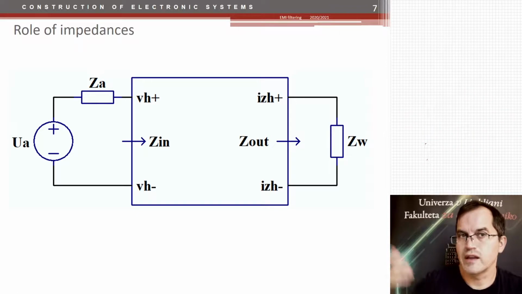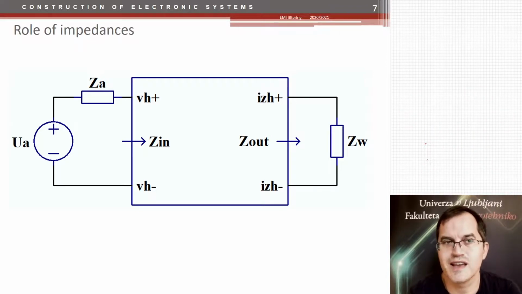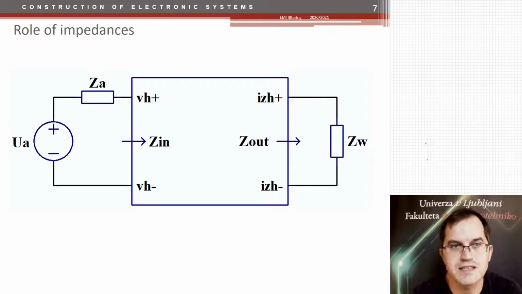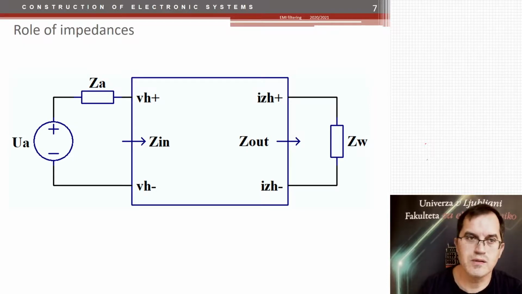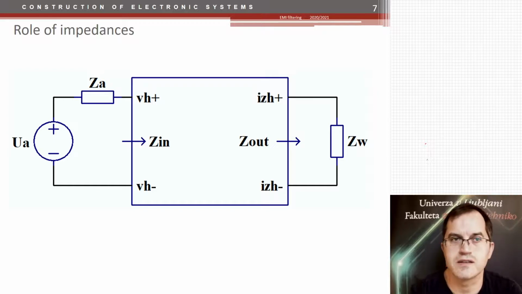Even though they in this system represent a similar role, it is because the system was the same. You know, the usage of coil and capacitor is very dependent on the impedances of the system. And that's what I want to show you here.